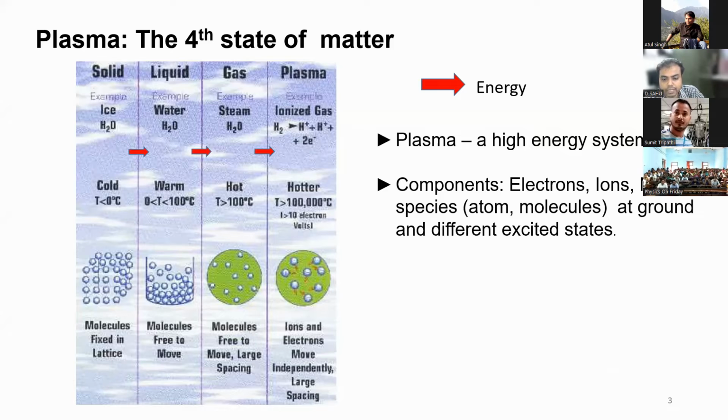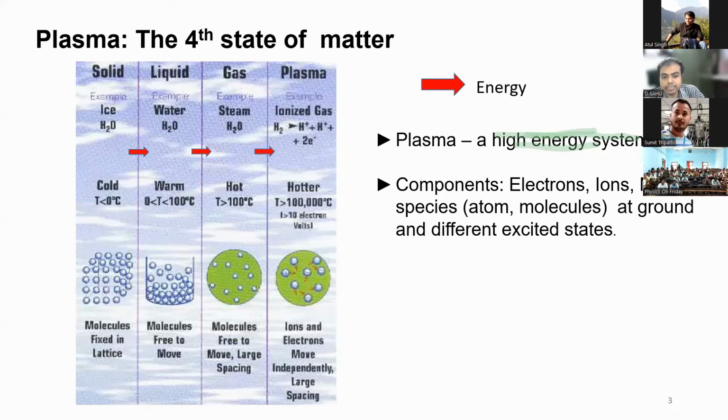In the natural state, at room or environmental temperature, for example H2O at 20 or 25 degrees centigrade, remains as water, right? When you cool it, it becomes ice.